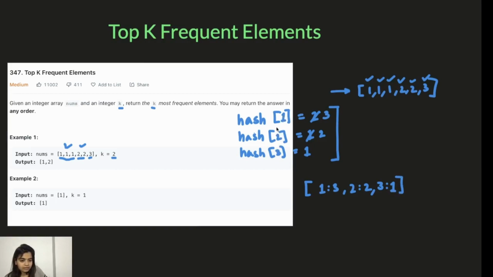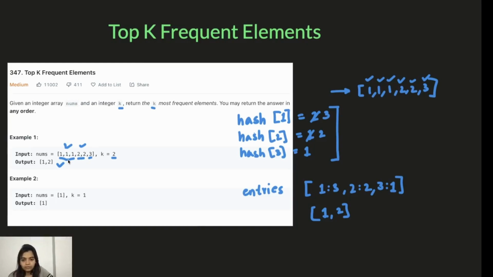These are the keys and these are the values. These are the entries in the hash map. We just return the first k elements with the highest frequencies. So these are the 2 elements with higher frequencies, which are 1 and 2. So that is the output here.